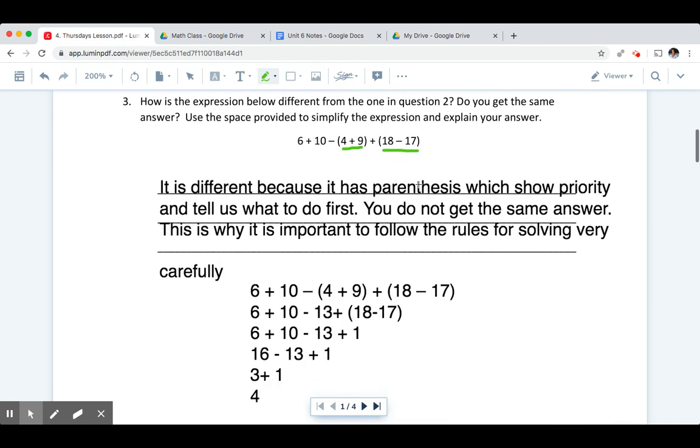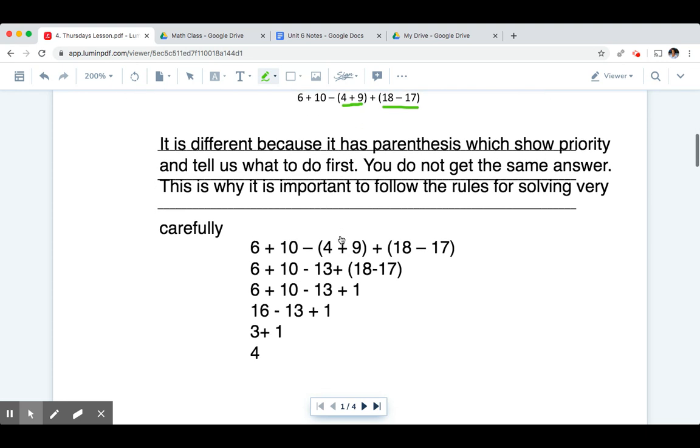So here in this expression, what do you think we would have to solve first? Because there are 2 sets of parentheses, we would solve the one that is closest to the left first, and then solve the next one. So our first step here would have to be 4 plus 9.